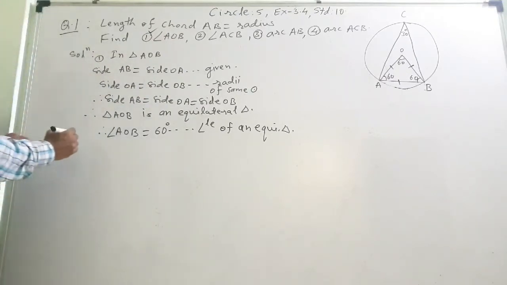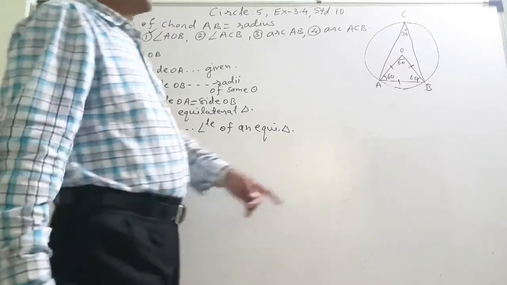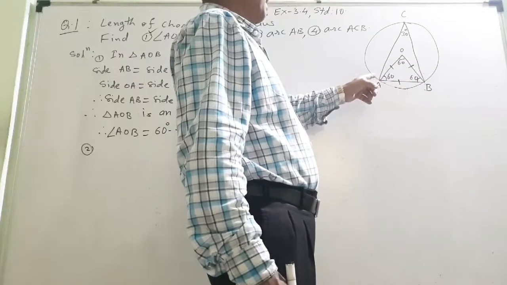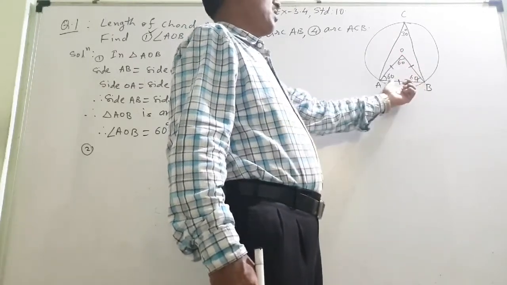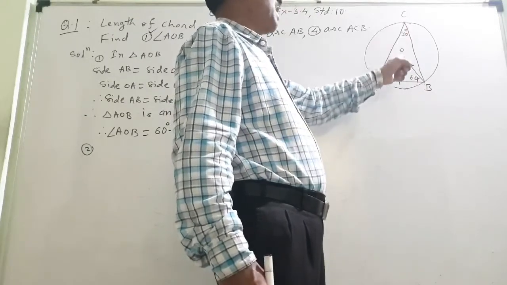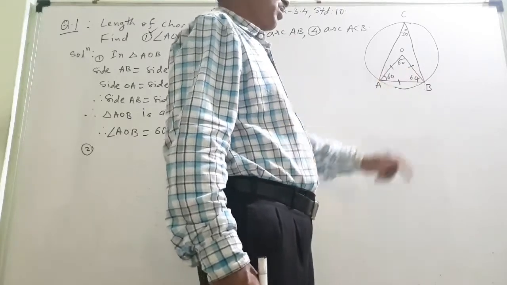Now the second part. The central angle is 60 degree. The angle subtended by the chord on the circle is half the measure of the central angle of that chord.